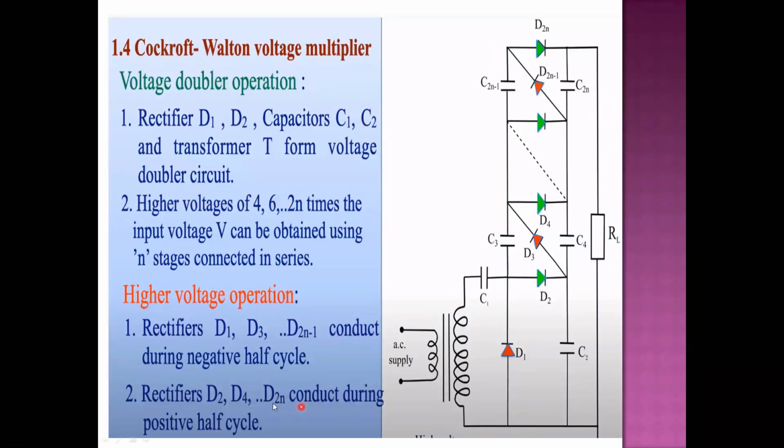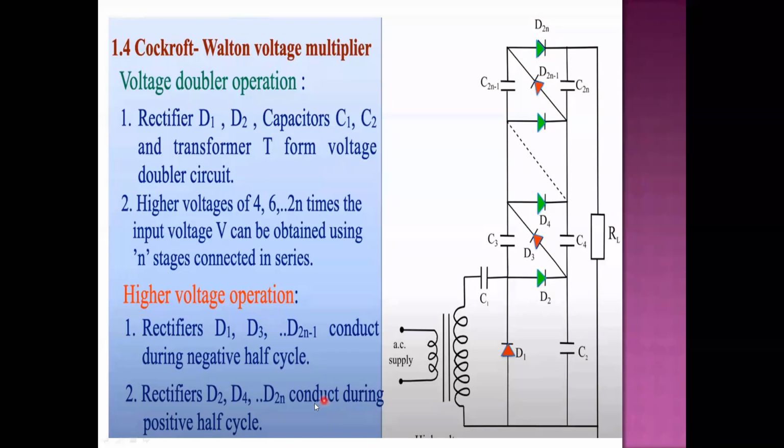During the positive half cycle, rectifier diodes D2, D4, up to D2N conduct. Under the positive half cycle, diodes D1, D3, D5, D7 are reverse biased, and D2, D4, D6 diodes are forward biased. Understood?